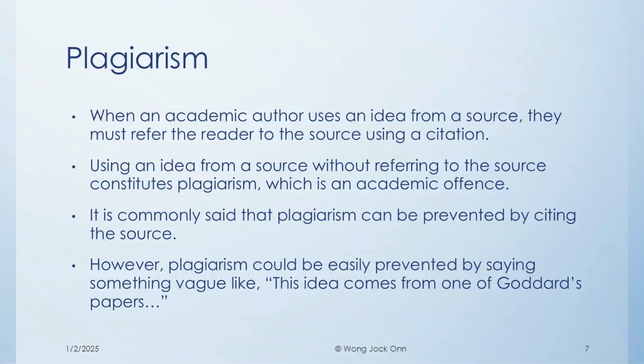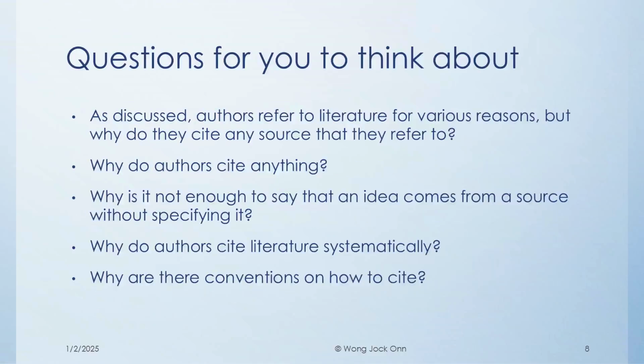Why then do authors cite other sources? Questions for you to think about. As discussed, authors refer to literature for various reasons. But why do they cite any source that they refer to? Why do authors cite anything?